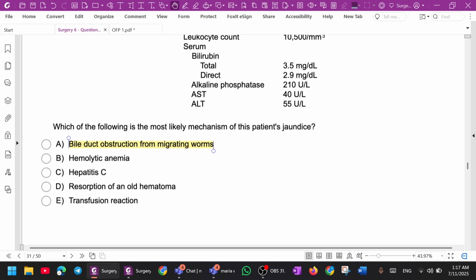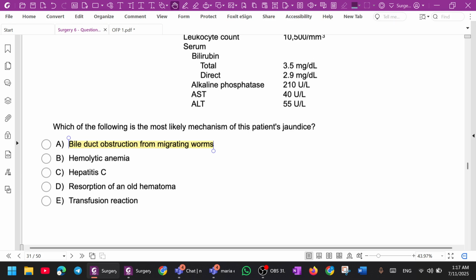Once in the lungs, they are coughed up and swallowed again. Final development into adult worm occurs within the small bowel, where they continue to produce eggs. Complications include bowel obstruction at the ileocecal valve and retrograde migration within the biliary tree. This can result in biliary obstruction, which leads to jaundice and direct hyperbilirubinemia. Treatment includes administration of antihelminthics like albendazole and ivermectin.